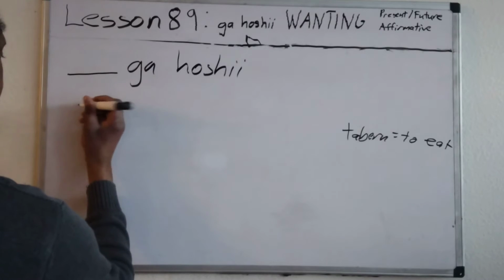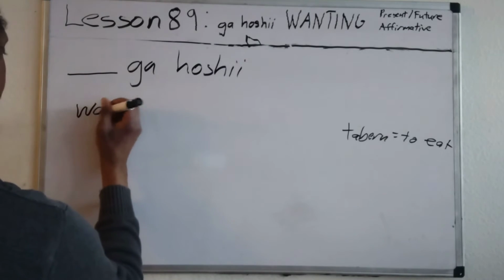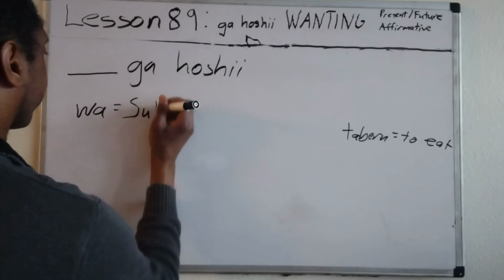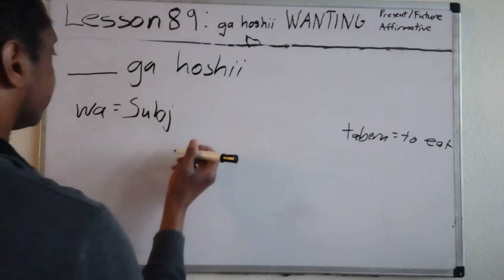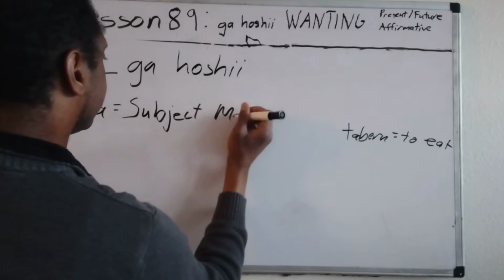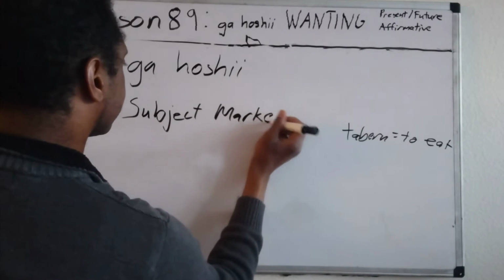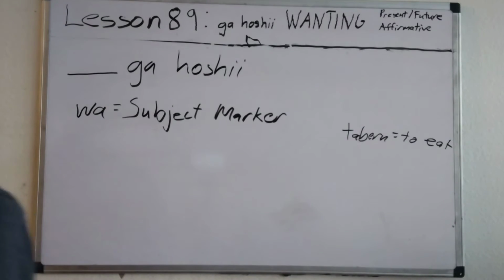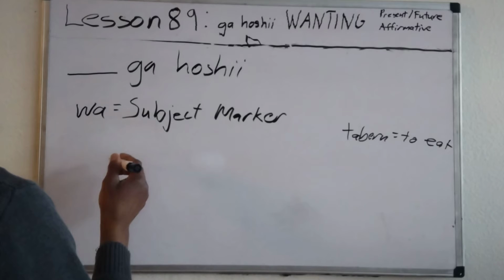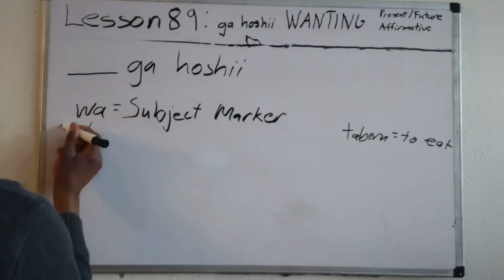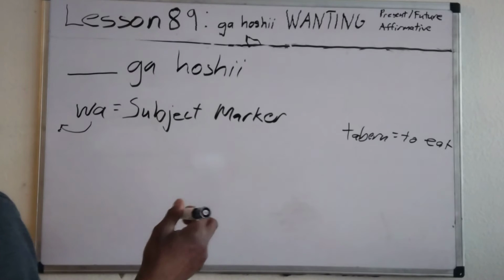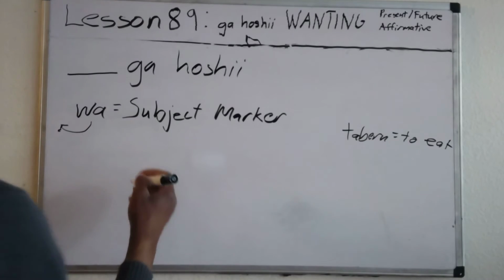What we've gone over is wa so far. And wa, we've said, is the subject marker, right? And this is true. But it's a little more complicated than that. It shows what's the subject of the sentence. It's largely how you use it.